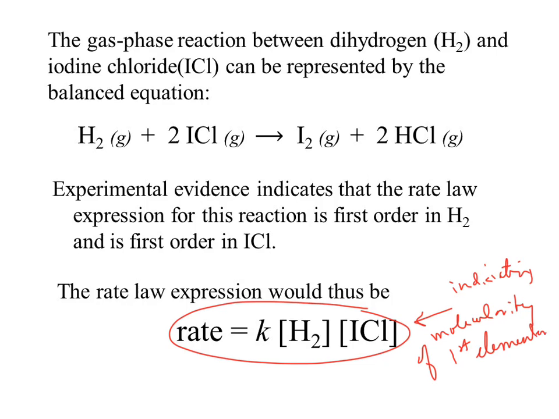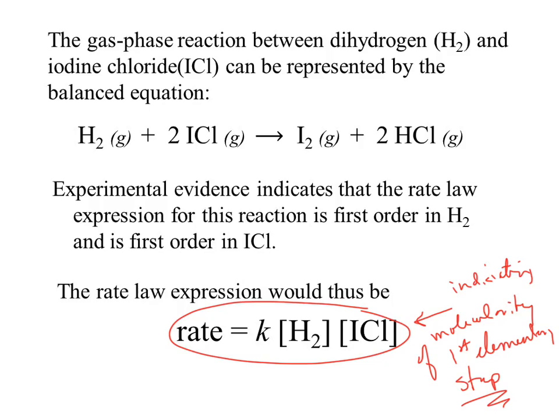Does that make sense? Why? Because the first one's the slow one, and it drives this observed rate. Well, we can just pick that up. And so does it make sense that our first elementary step should be 1 H2 plus 1 ICl? Right?